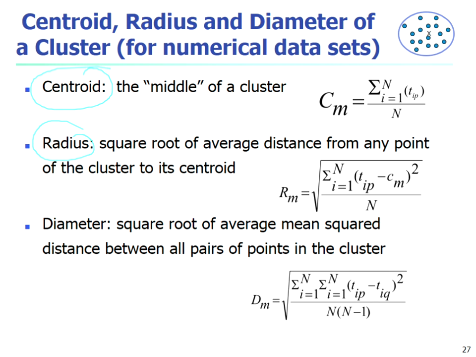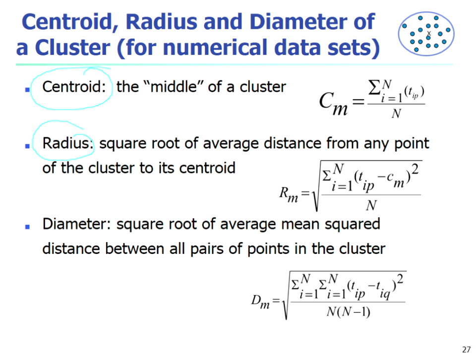The radius of a cluster is the square root of the average distance from any point of the cluster to its centroid. So we will calculate the distance between all the tuples and the center of this cluster. After that, we take the square root of the average.